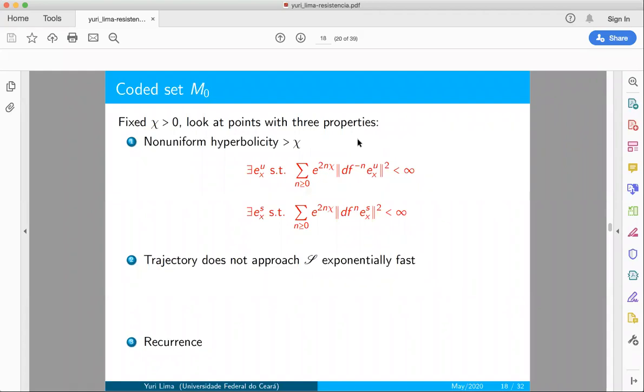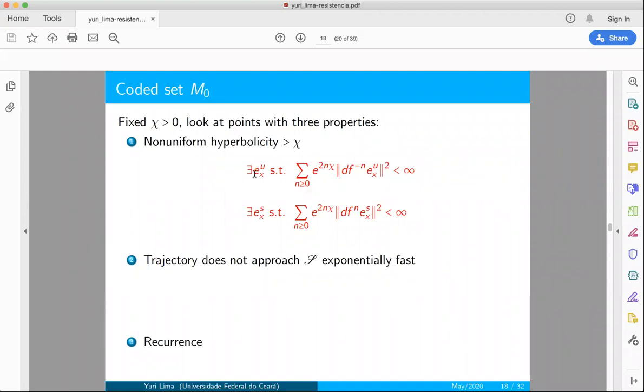And why do I say that? Well, I say that because if EU is a bad direction for the unstable hyperbolicity, what do we usually mean by that? We usually mean that bad hyperbolicity in the unstable direction in the non-uniform hyperbolic context is when it takes a long time for you to see the contraction in the past to occur.